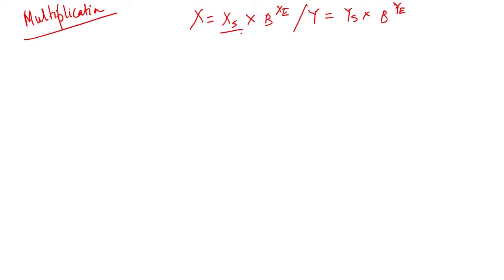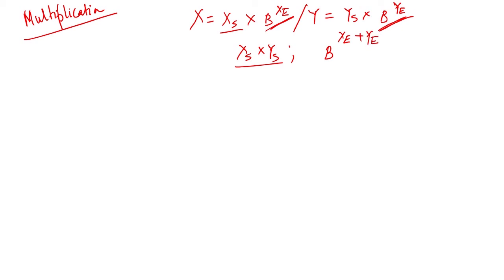We are multiplying xs into ys, and obviously we will move to the right side or left side, we adjust. Before doing so, one thing I must share with you: there is base to the power xe and base to the power ye. We will do base to the power xe plus ye.